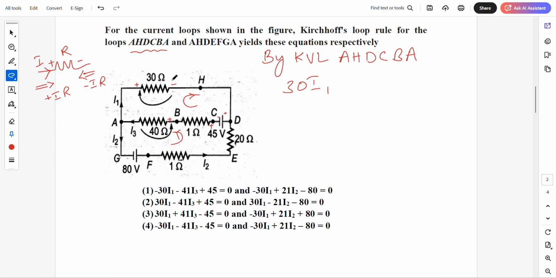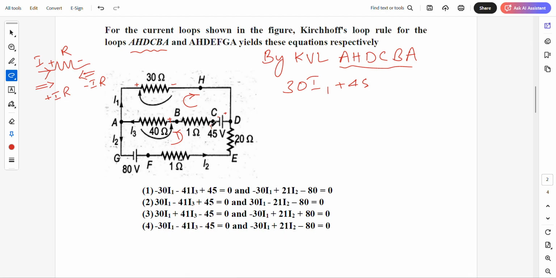If I move like this, plus 30, what is the voltage drop here? 30 into I1. I'll move further, following this path AHDCBA. Now come to D, in the C direction plus 45, I am getting plus here, plus 45. I will move further.